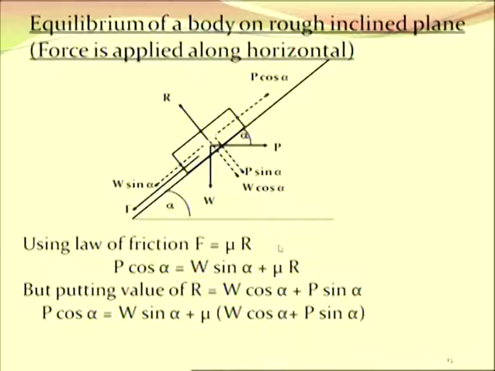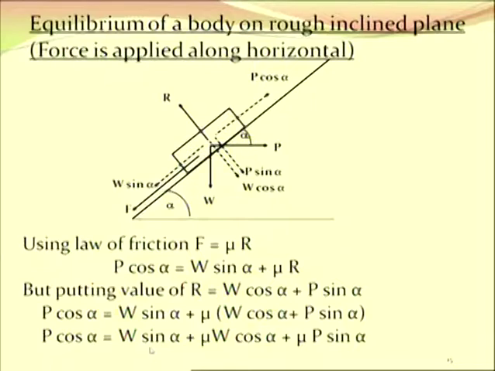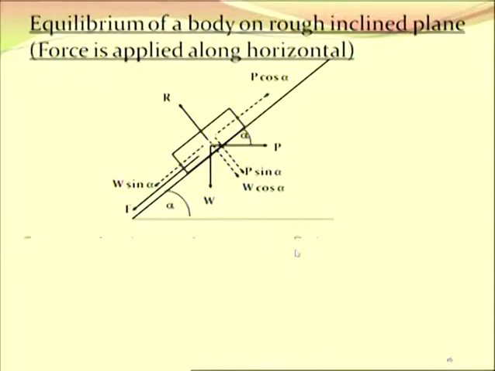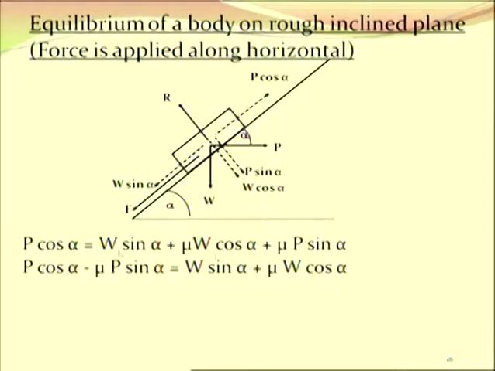By simplifying, we get P cos alpha equals W sin alpha plus mu W cos alpha plus mu P sin alpha. Putting the P terms on one side and W terms on the other side, P cos alpha minus mu P sin alpha equals W sin alpha plus mu W cos alpha.